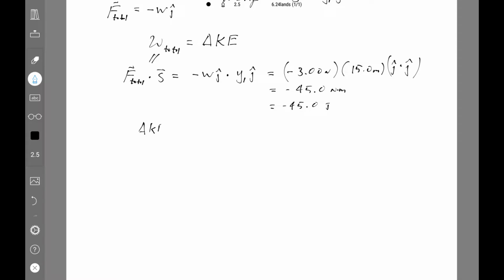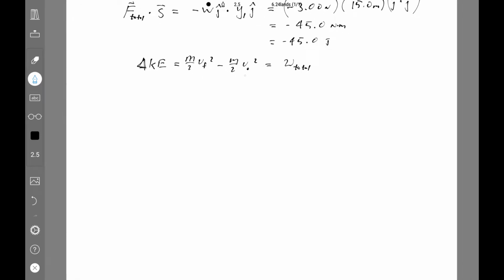The change in kinetic energy is final kinetic energy minus the initial kinetic energy, and it's the initial kinetic energy, or the initial velocity, that we're looking for. That's equal to work total. I'll just call it that for now, because I don't want to write out negative 45 all the time.